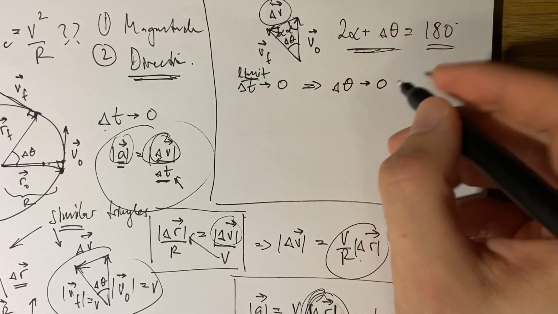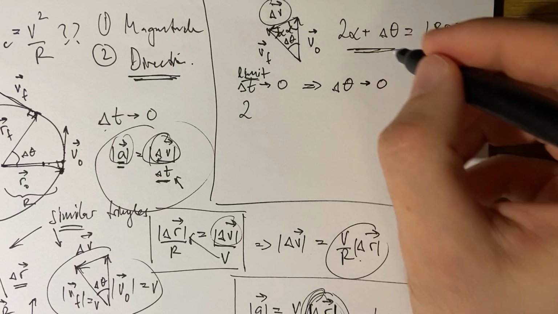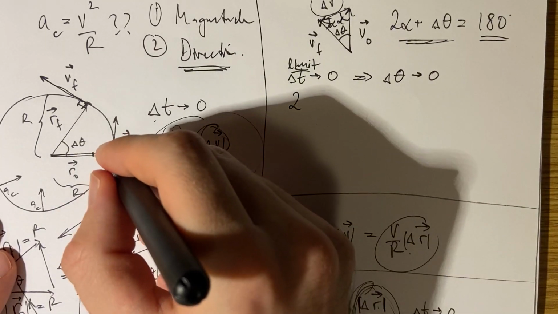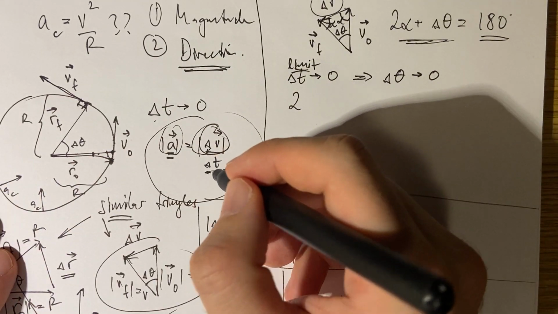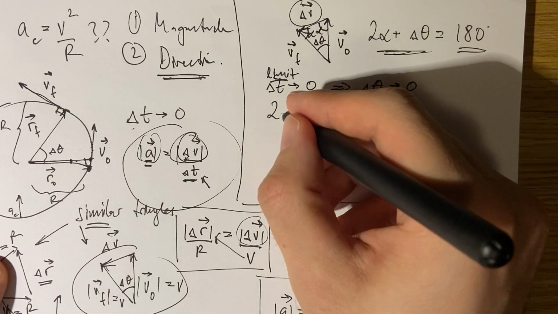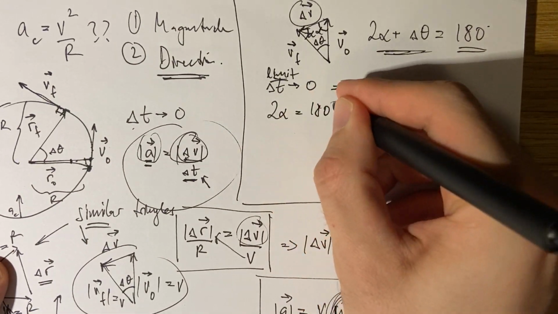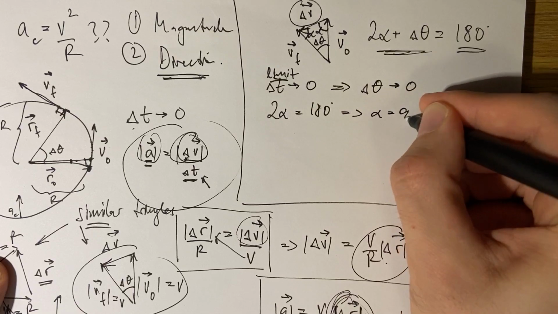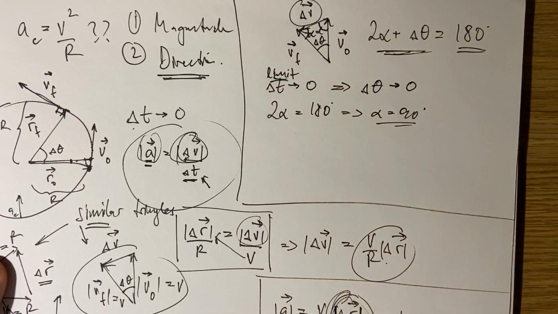So what we'll end up with, for the instantaneous point along this circular path, is that 2 alpha equals 180, which means that alpha equals 90 degrees.